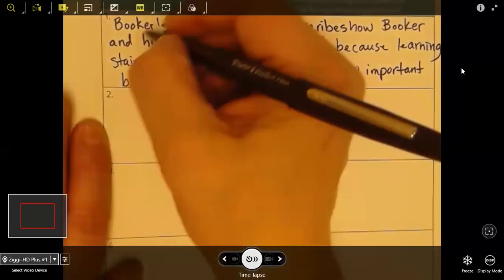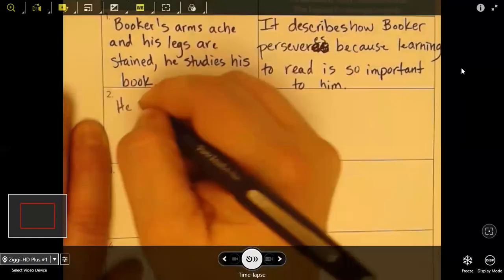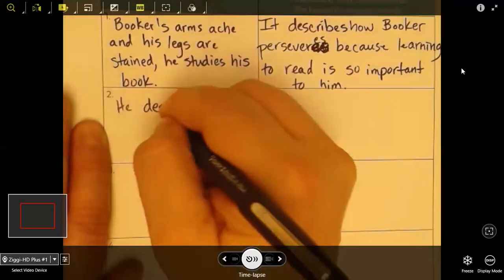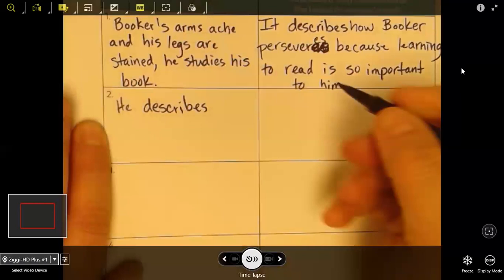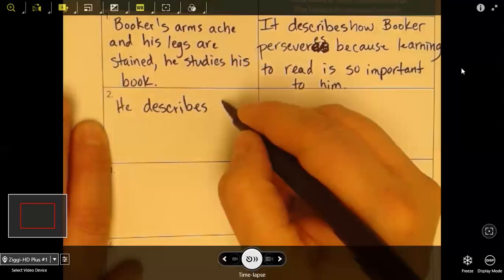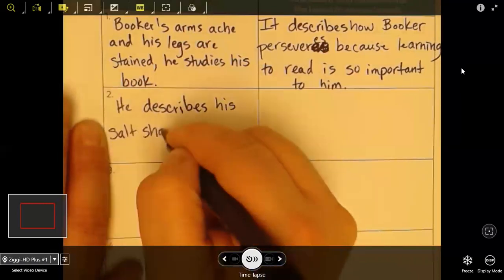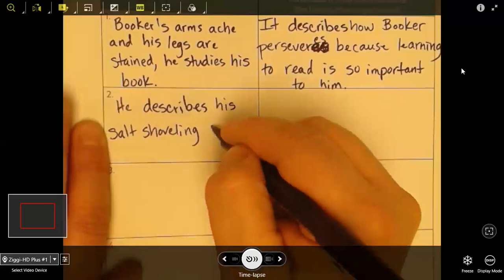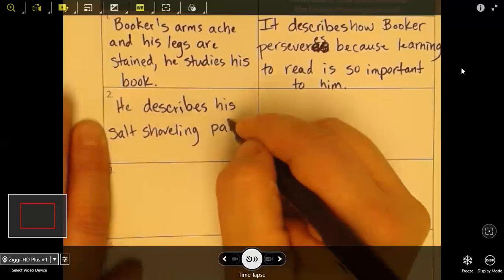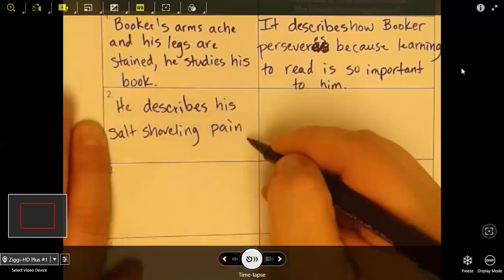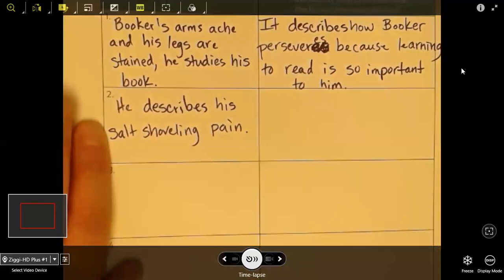Okay, so he describes his, well, I'm going to call it salt shoveling pain. Right? Describes that he has salt shoveling pain and he feels his dreams slipping away.